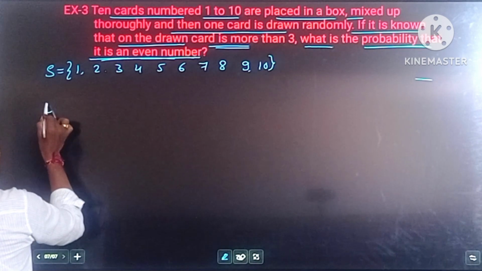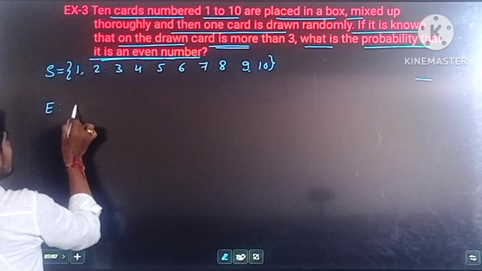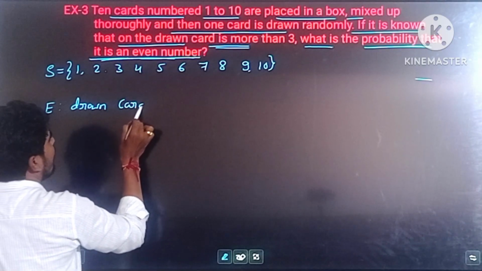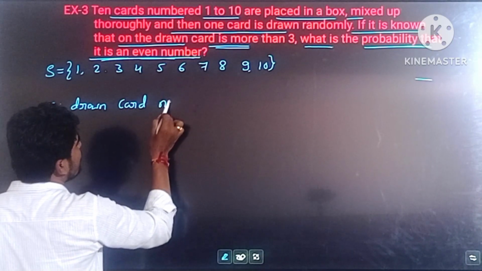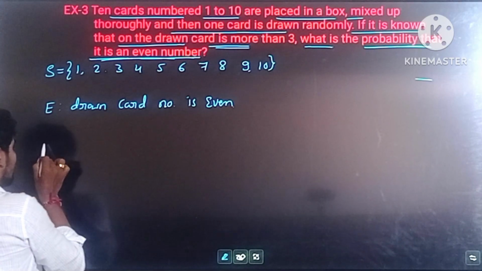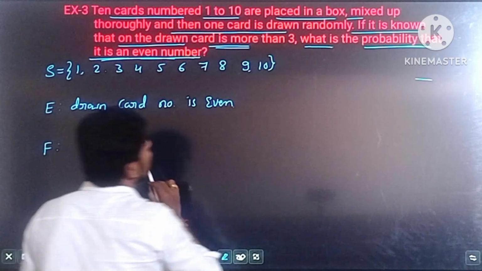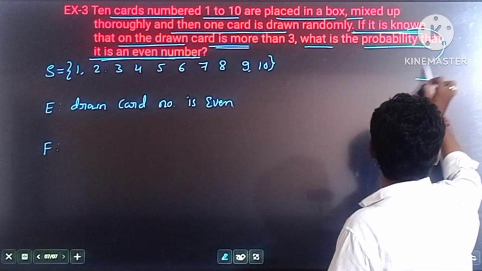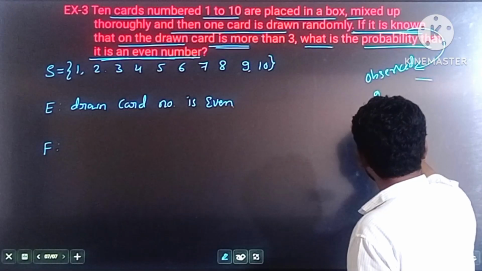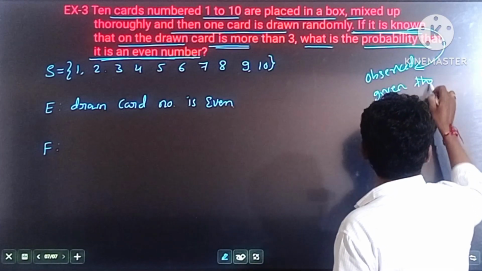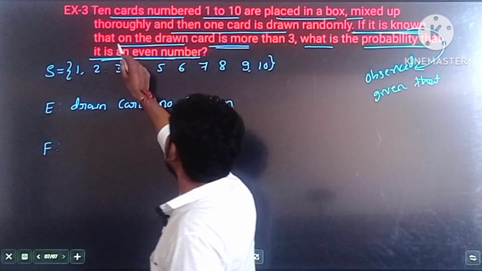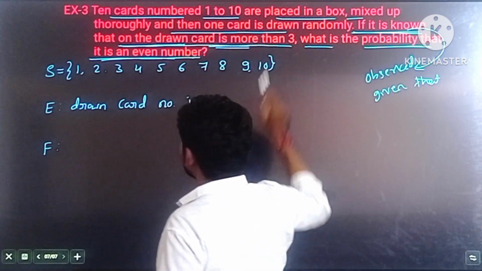So the event we are calculating we consider as E, and event E is: the drawn card number is even. And the given event is F. It is known that the number on the drawn card is more than 3.